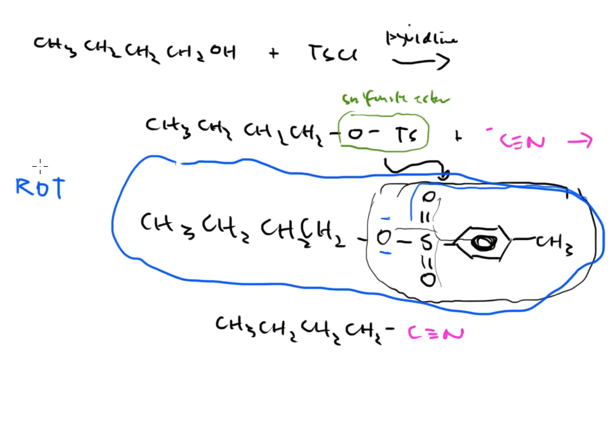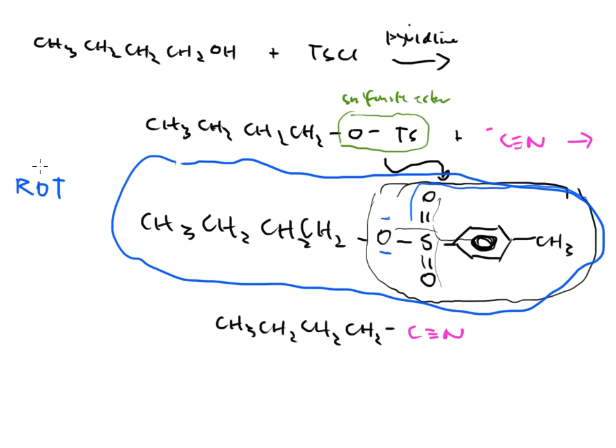So very often we call these ROTs. My alcohol reacts with tosyl chloride to make an ROT. And that R means a random alkyl group in front. It can be anything it wants to be: 3 carbons, 2 carbons, a longer carbon chain with a ring on it. I don't really care. It's just a random alkyl group.